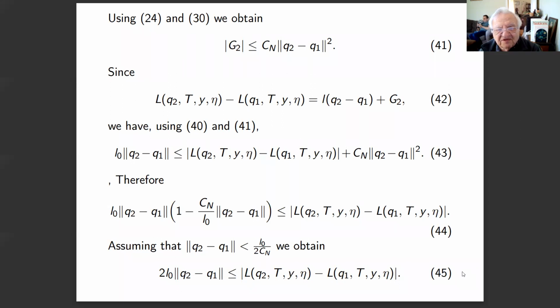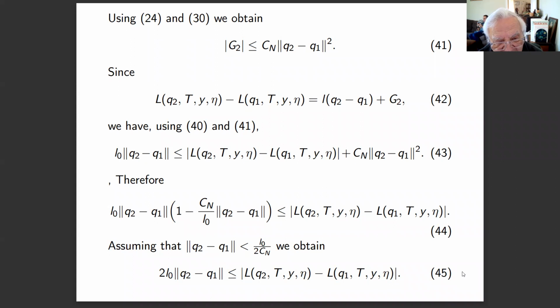Now we will use the essential assumption that the norm of q2 minus q1 can be made arbitrarily small. So from 43, if you have such an estimate 42, and because q2 minus q1 is arbitrarily small, we can assume that Cn over L0 times the norm of q2 minus q1 is less than L0 over 2.